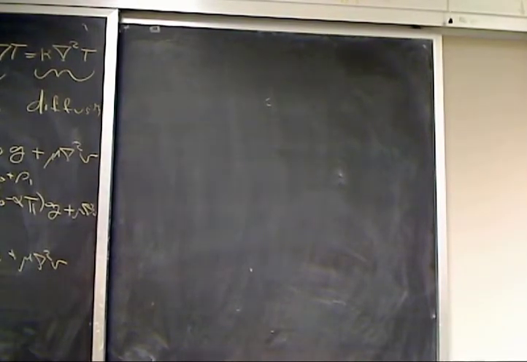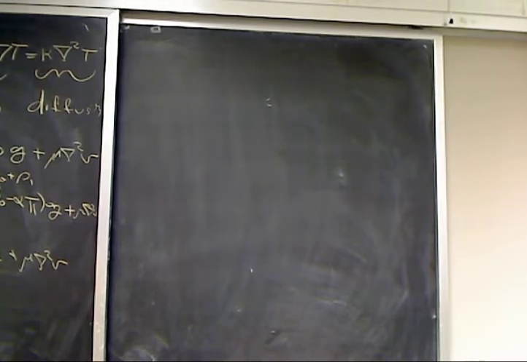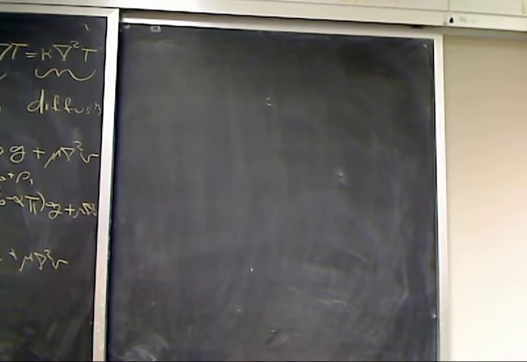So I take the derivative, let's see. Right, so we take this, and we take the curl twice, and that gets rid of this gradient term.